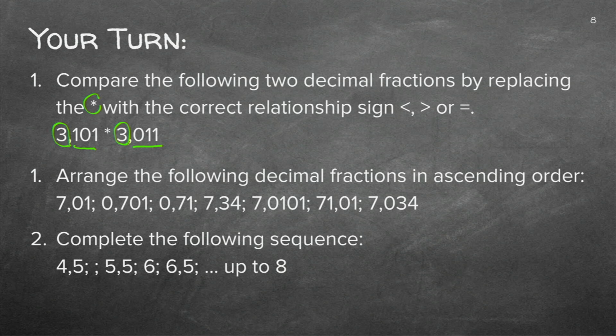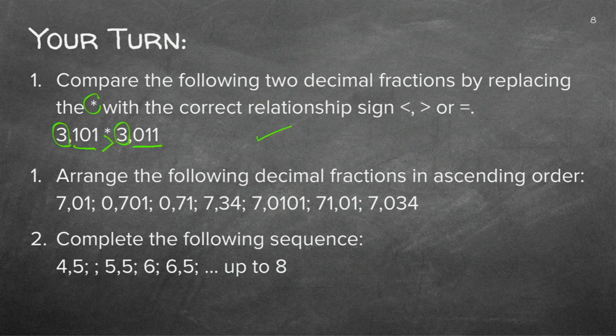And we know they both have 3 decimal places. So it's easy. We're going to compare 0.101 to 0.011. And it's then easy to see that this one is larger than. Congratulations if you've got that one correct.